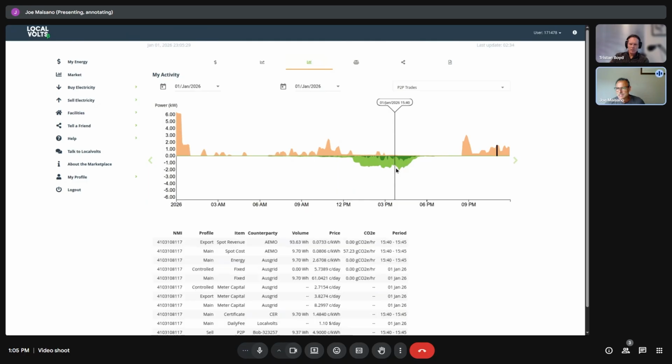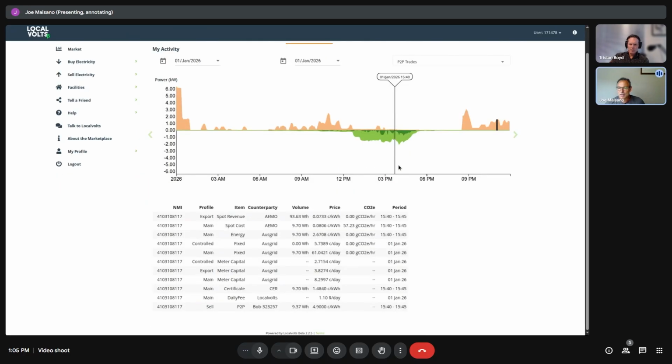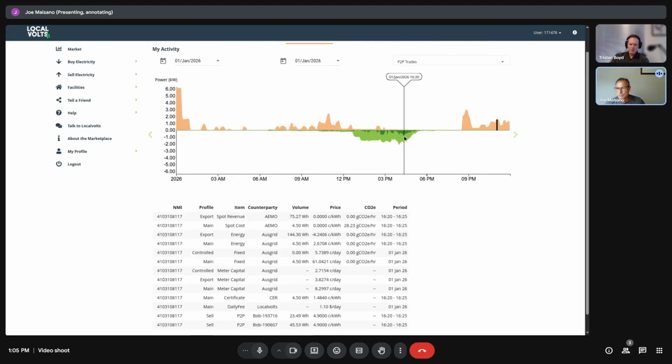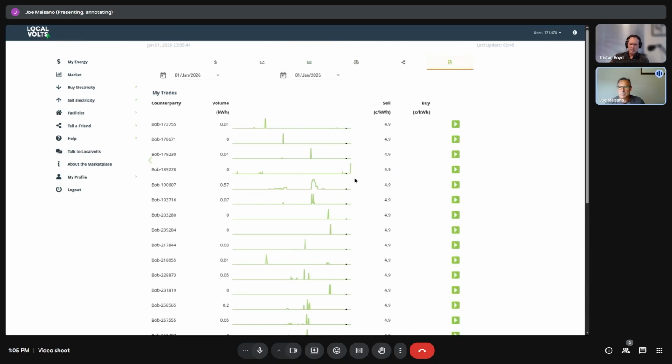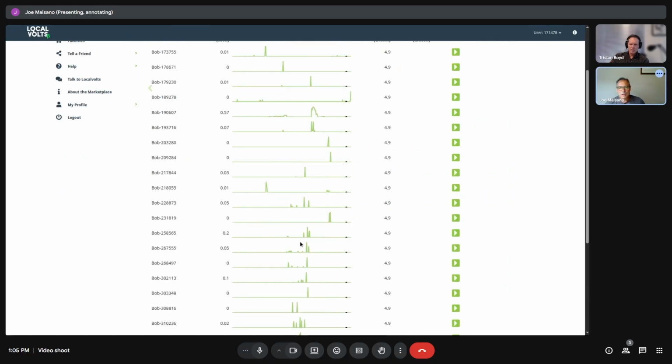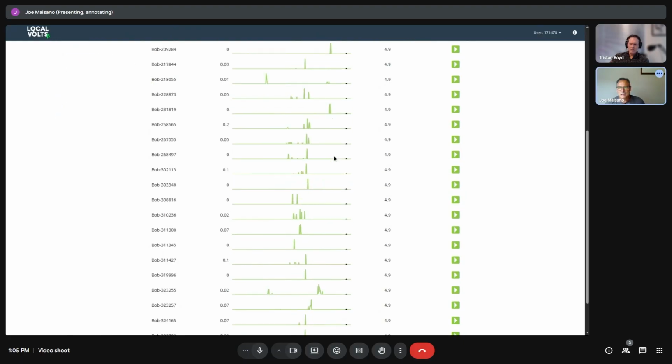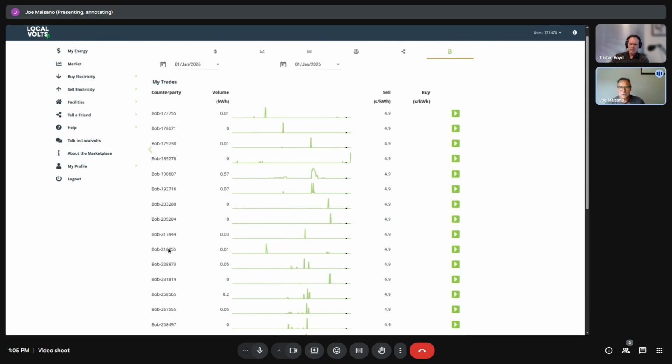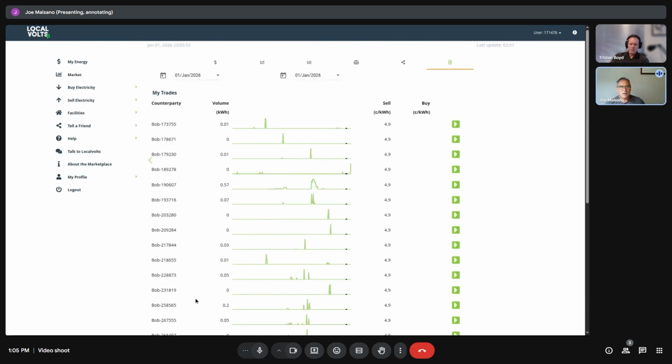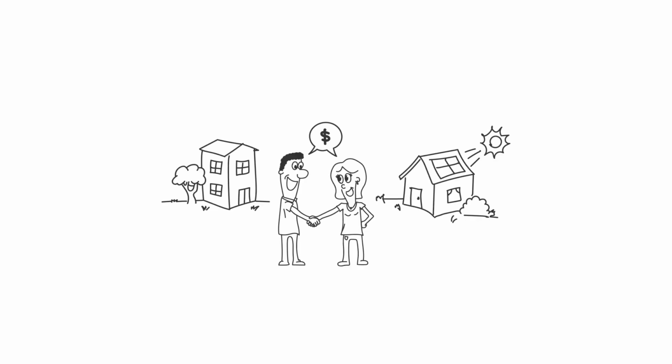So we can see here there's a little bit of peer-to-peer selling going on. So this is great if I want to see in a 5-minute period what's happening. But then if I want to zoom out a little bit and look at the whole day and the structure of that trade across the whole day and all the counterparties I'm trading with across the day, that will give me this information.